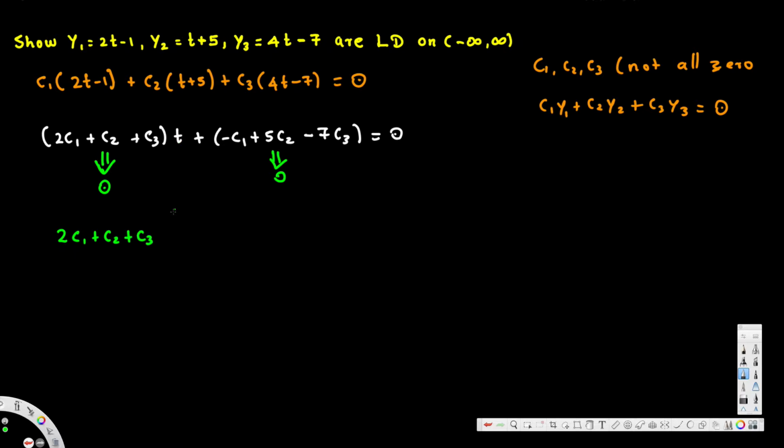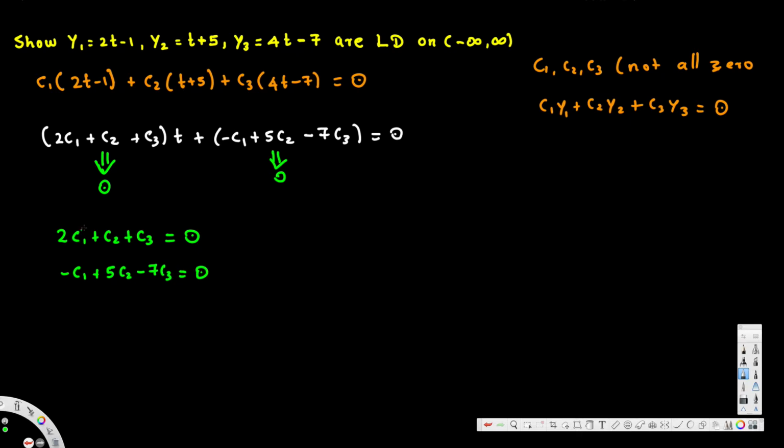We can simply write this is equal to 0 because even if you bring this t to the other side, it's still going to be 0. So it's better to write it this way so we can simplify and find these c1, c2, c3 values. Then we put the next equation, negative c1 plus 5c2 minus 7c3 is equal to 0.